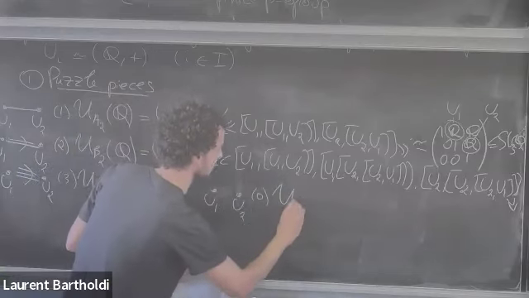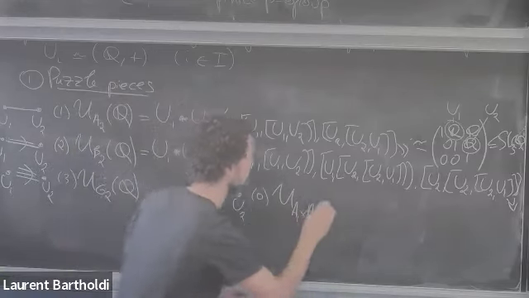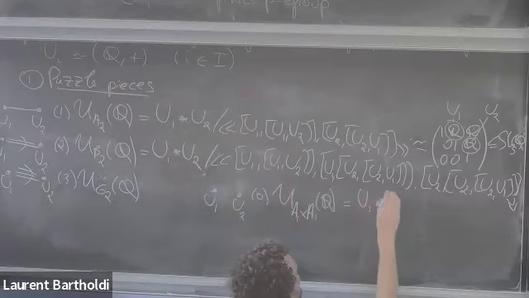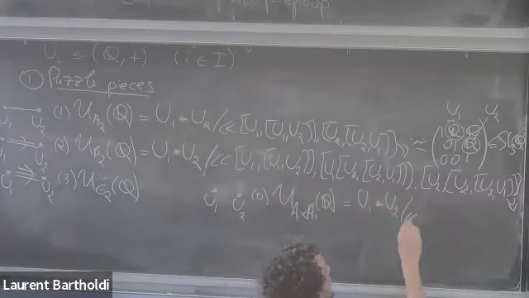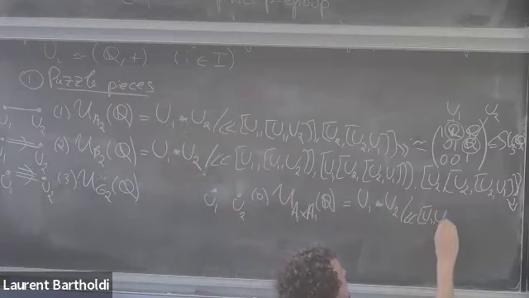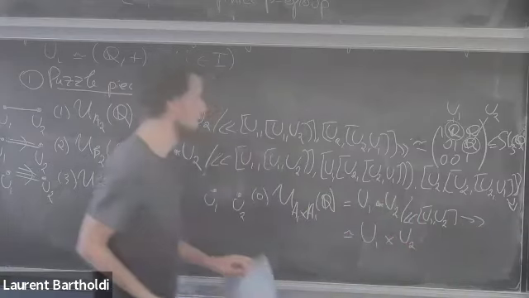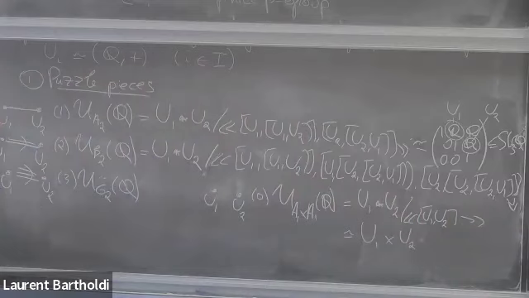So that would be A1 times A1. So this is just the free product of U1 and U2 modulo the commutator of U1 and U2. This is the direct product of these.